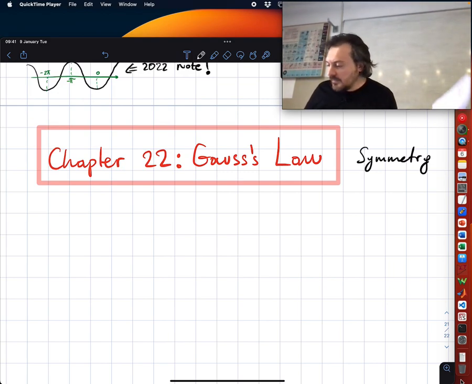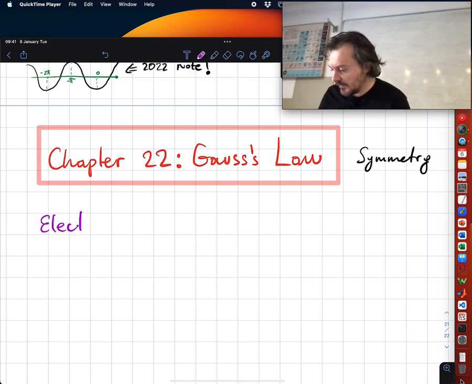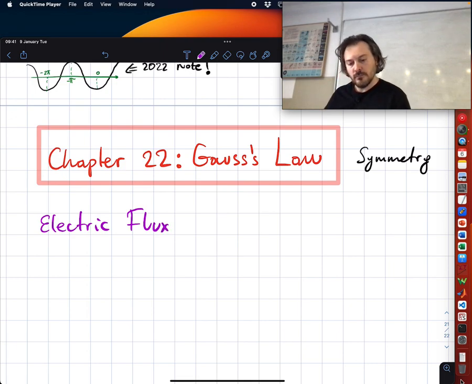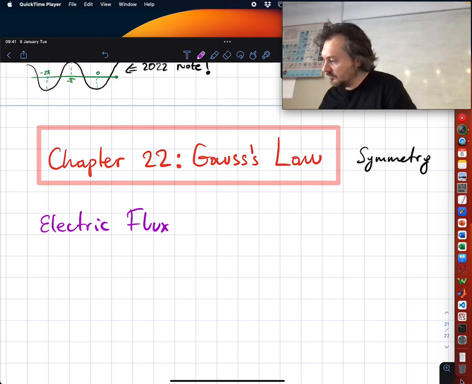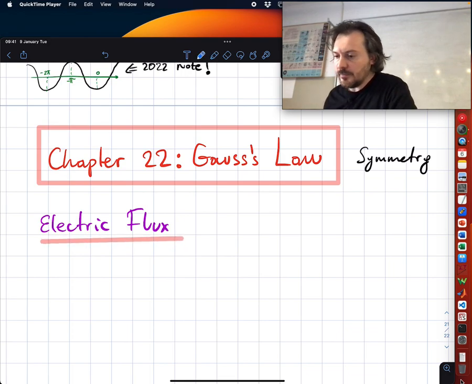But before going deep, let's start with a definition of electric flux. Electric flux is something that is proportional to the number of field lines.